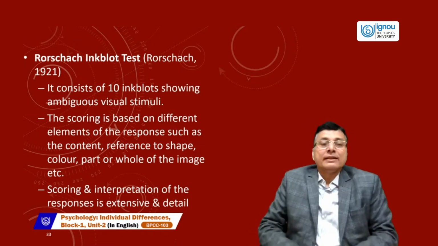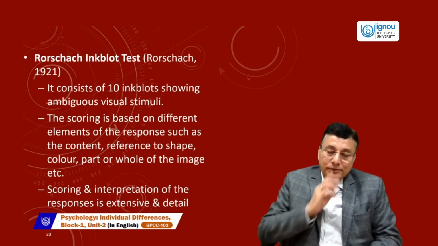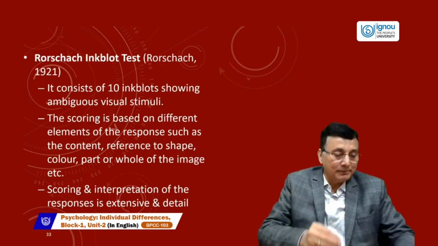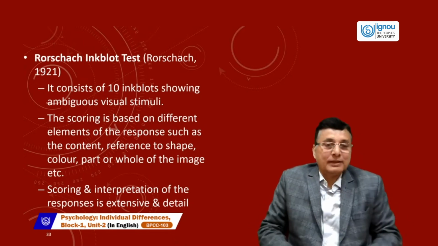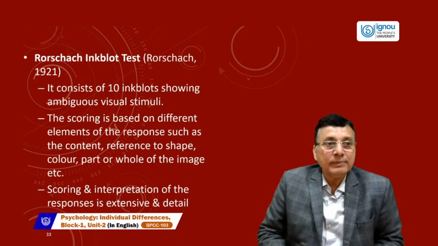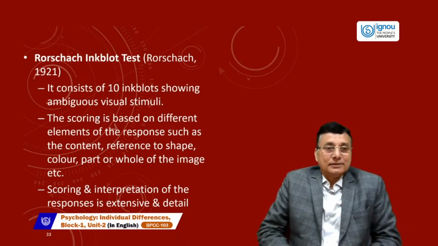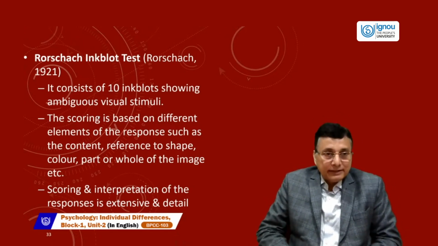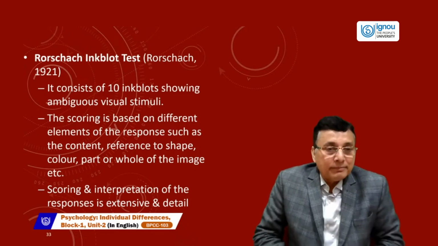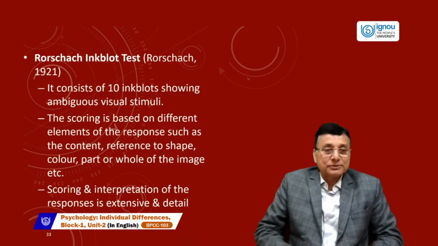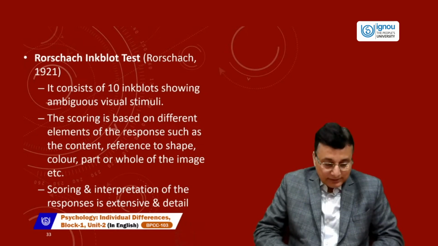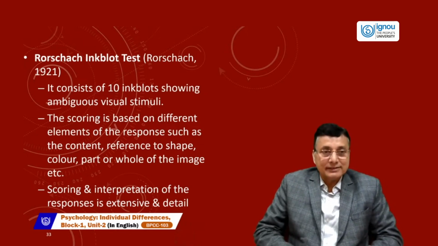So there are 10 cards, and let us discuss this test a little bit. The 10 cards are to be shown to the patient or client one by one. Before showing the cards, you have to instruct the client that you are going to show some cards, and on each card there is an ambiguous design.